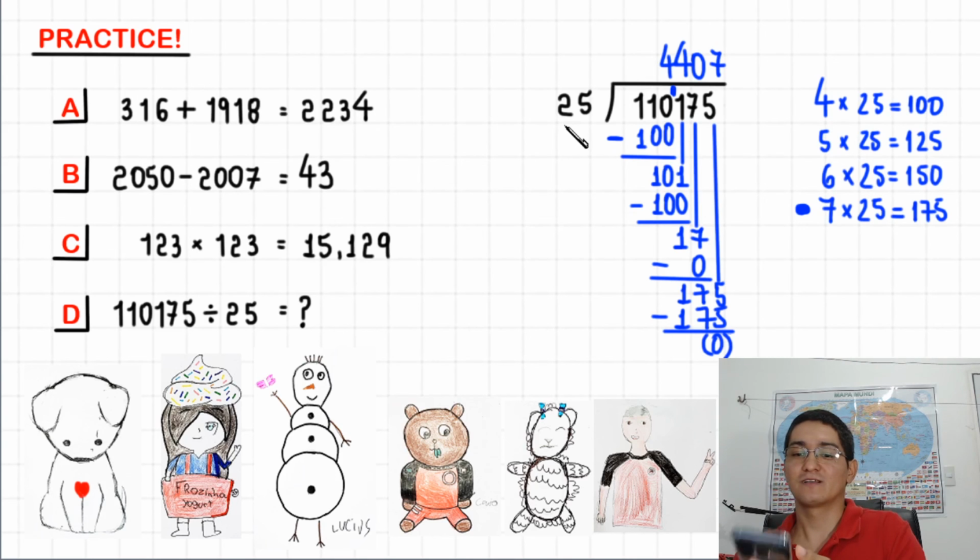Not working. Not easy to pronounce this number. 110,175 divided by 25. The answer is 4,407. Now it got me right. It understood me. If Google understood me, why wouldn't you, right?